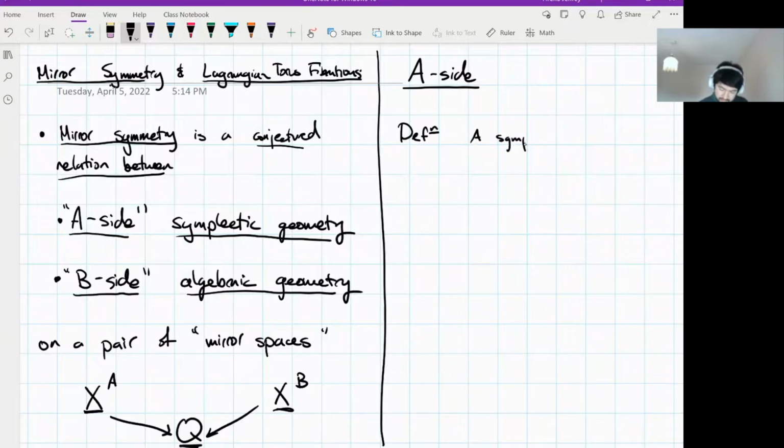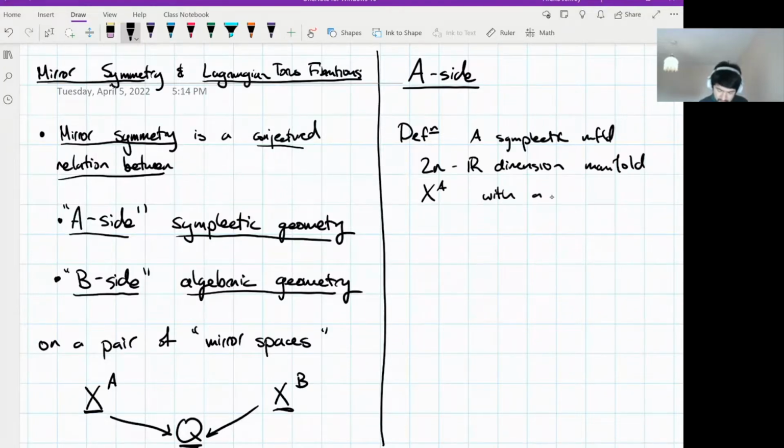A symplectic manifold is a 2n dimensional, real dimensional, manifold, which I will call XA, with a 2 form omega.